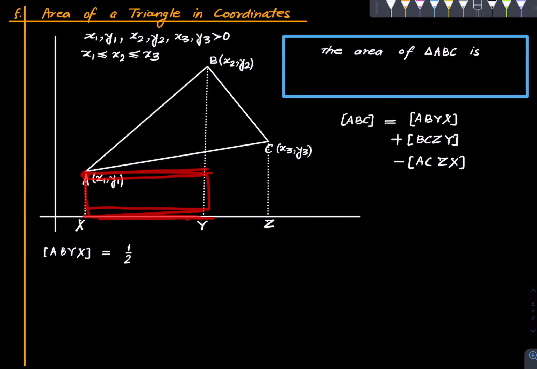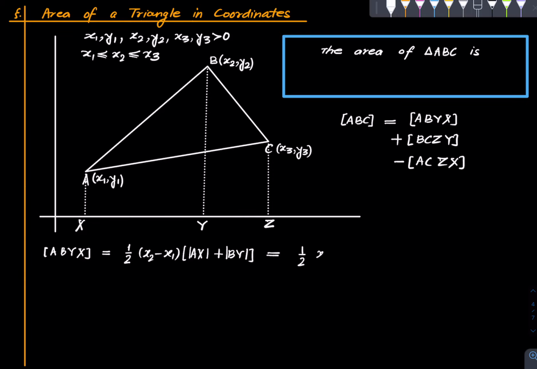You want to find this length. What are the coordinates of Y? It's x2 comma 0. What are the coordinates of X? It's x1 comma 0, and therefore this is x2 minus x1. So this is half of x2 minus x1 times the average of the two parallel sides, that is, half of x2 minus x1 times the sum of AX and BY, which is half of x2 minus x1 times y1 plus y2.